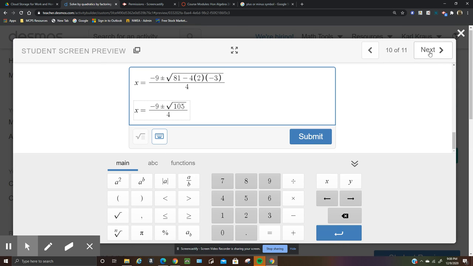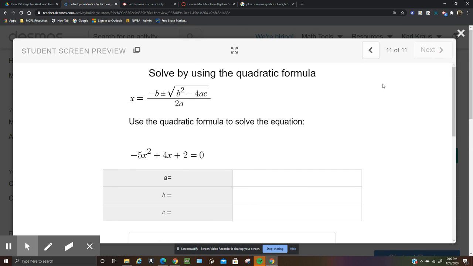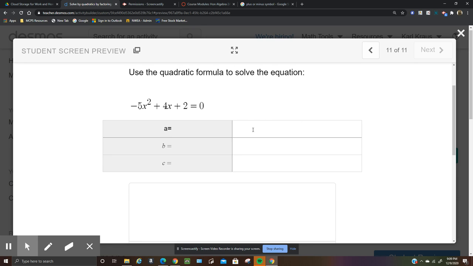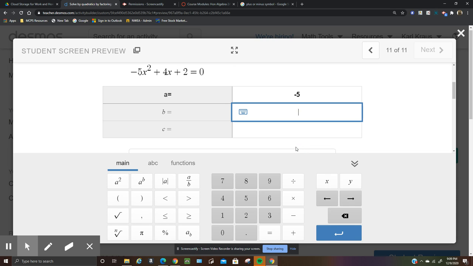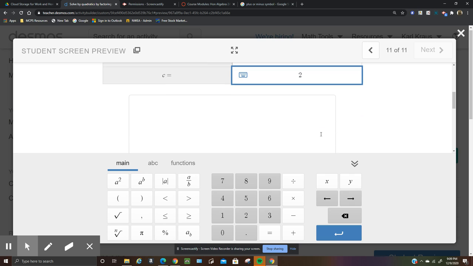All right, then the last slide. a is negative 5, b is 4, c is 2.